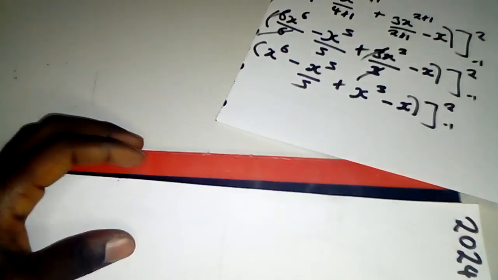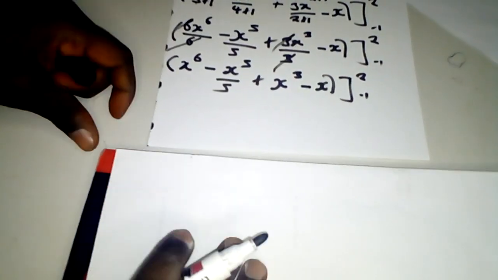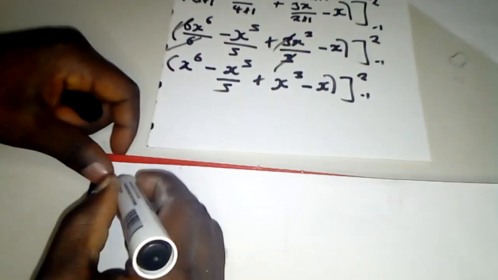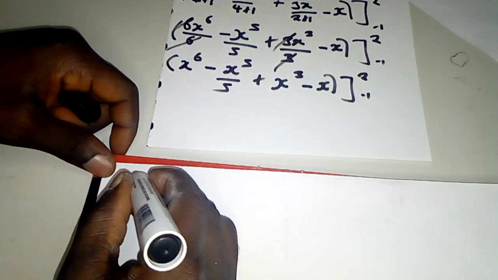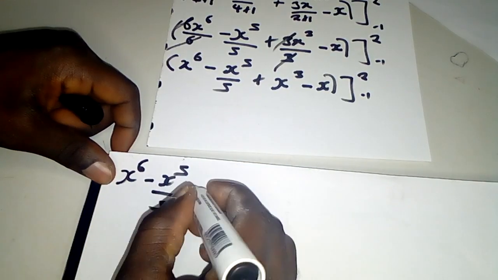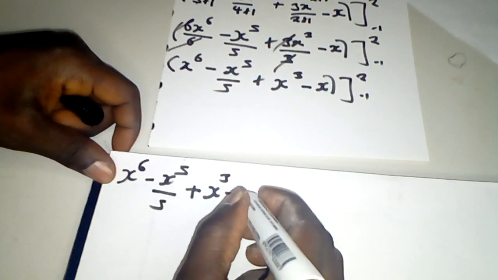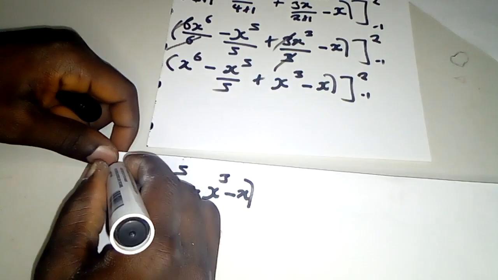So now what to do, we are going to write this expression, which is x to the power 6 minus x to the power 5 divided by 5 plus x to the power 3 minus x. We put this in brackets.